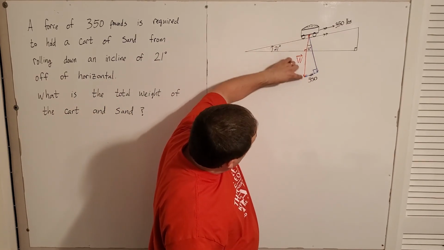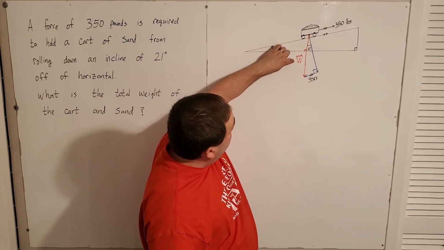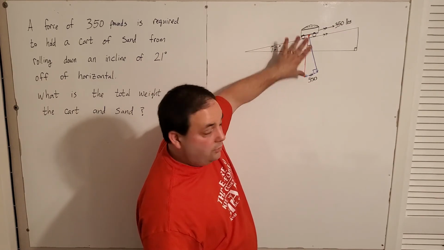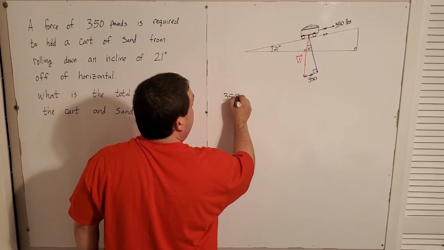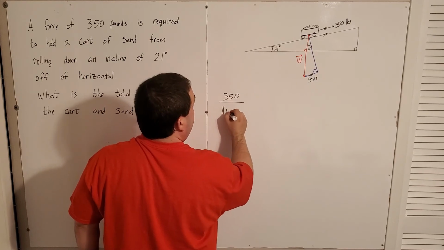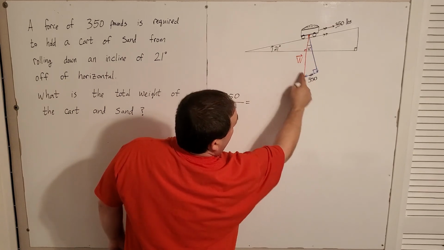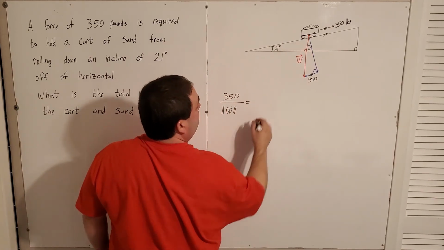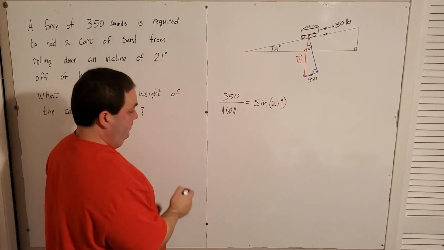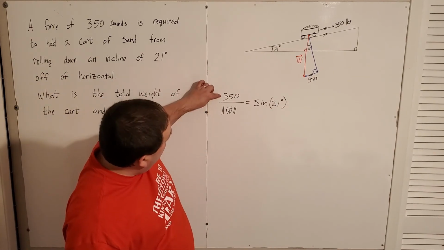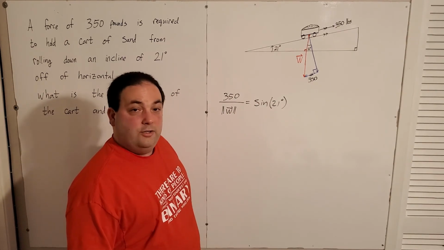I've got enough information in this triangle that I can actually solve for the magnitude of W. The magnitude of W is just the length of this vector. So 350 divided by the magnitude of W should be equal to opposite over hypotenuse. Notice with the 21 there, that should be sine of 21 degrees. So opposite over hypotenuse of that triangle gives me this trig ratio.